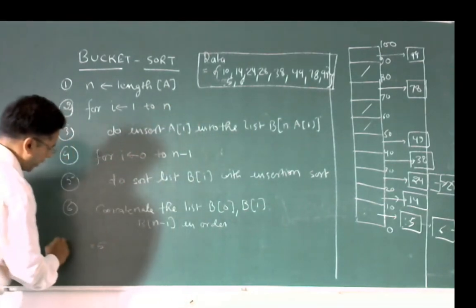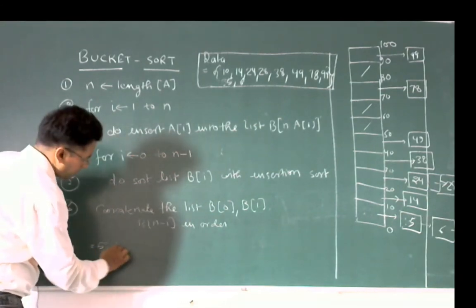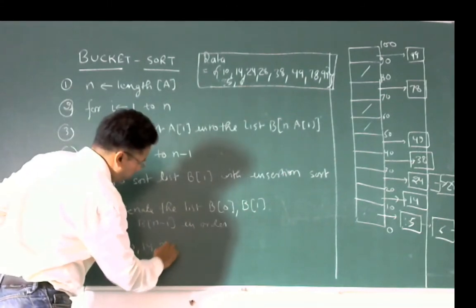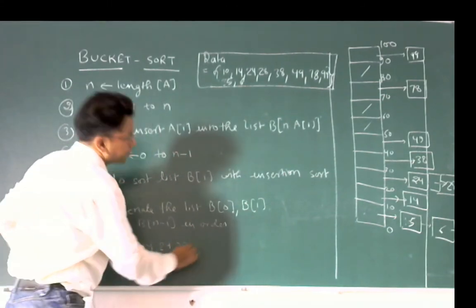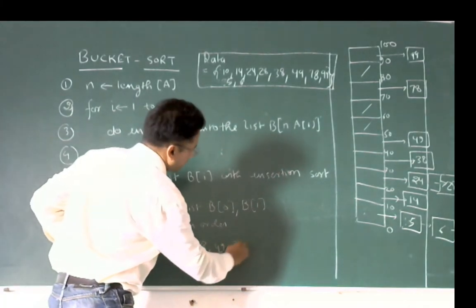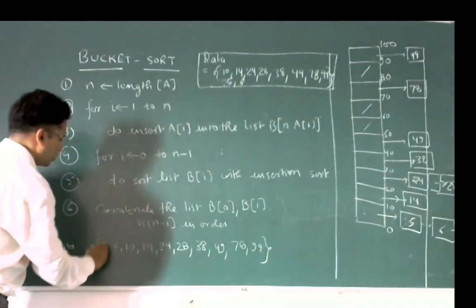The data will be like this: 5, 6, 10, 14, 24, 28, 38, 49, 78 and 99. So, sorted data.